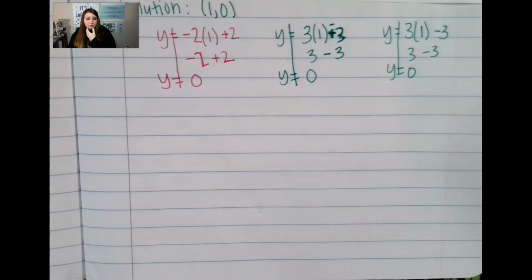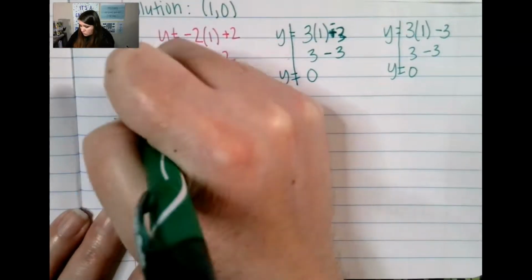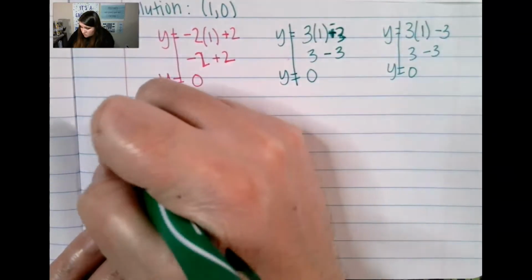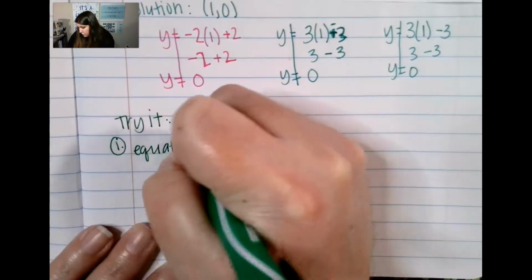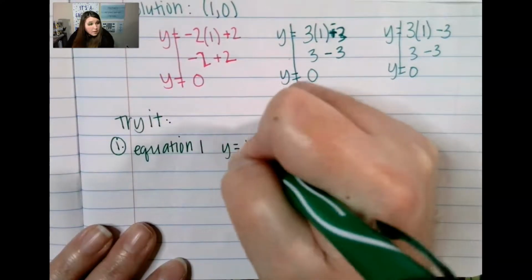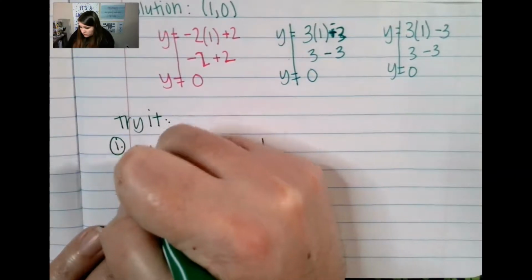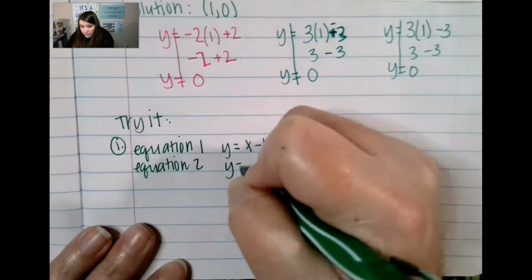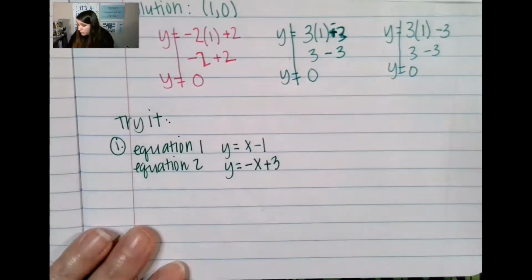The first try it says equation 1 is y equals x minus 1, and equation 2 is y equals negative x plus 3.